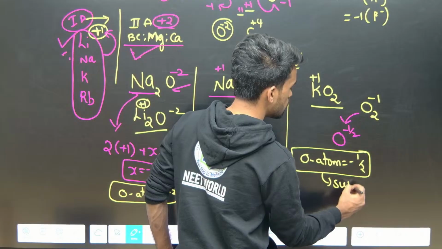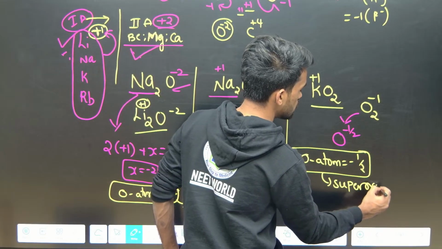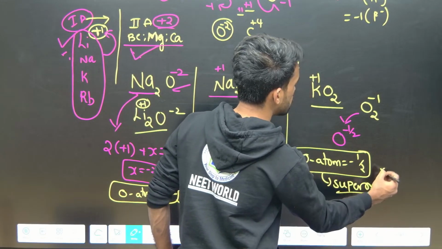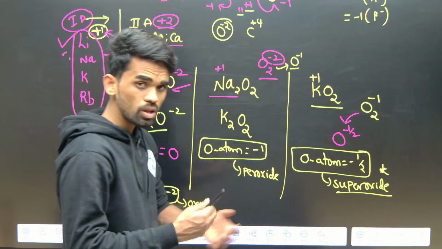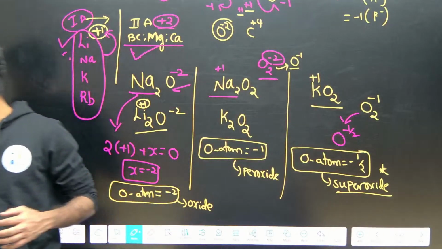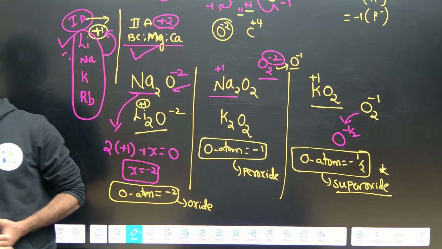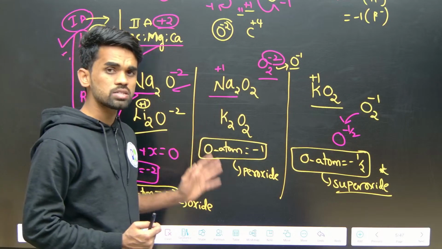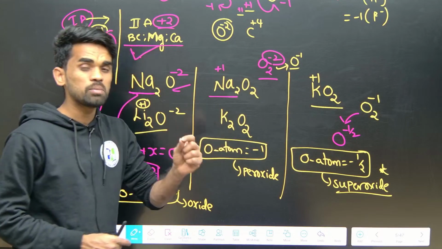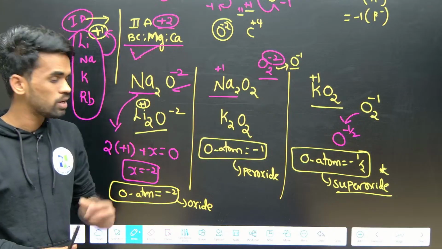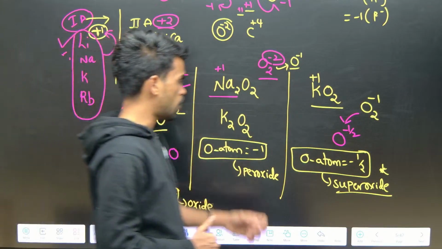What should you call? Superoxide. These are the names to be remembered for answering questions. Why am I explaining this in detail? Because there is a question related to oxide, superoxide, peroxide from JEE Main 2021. You are going to solve that question after a few more minutes.